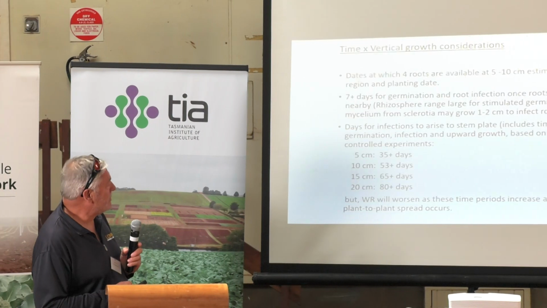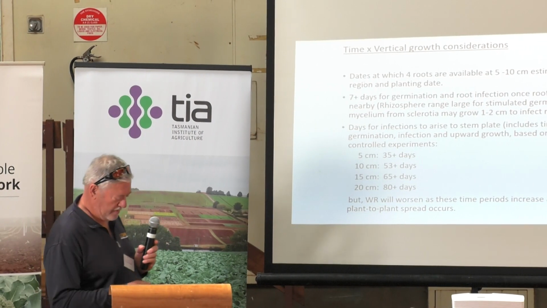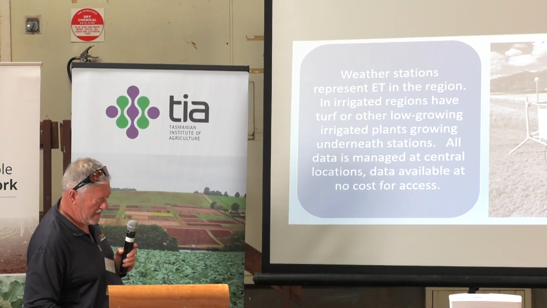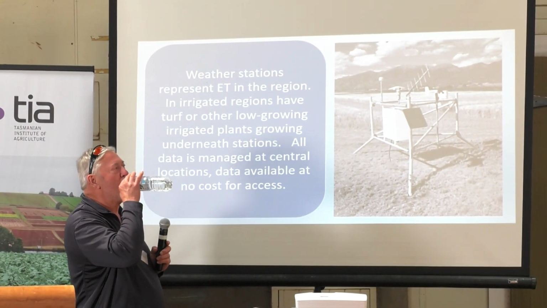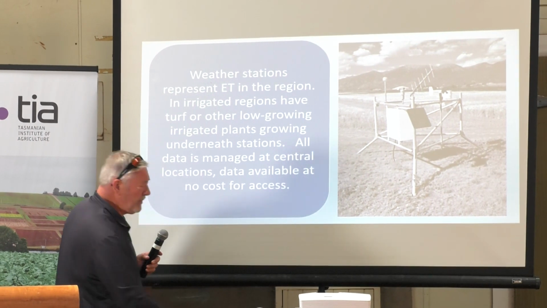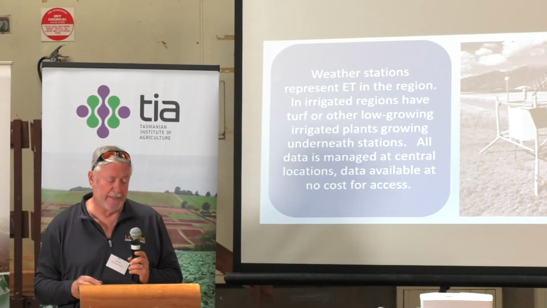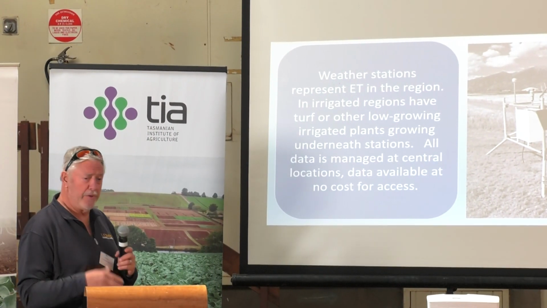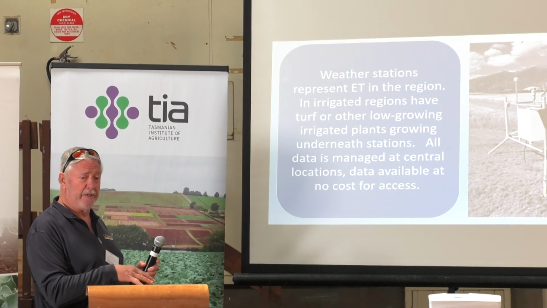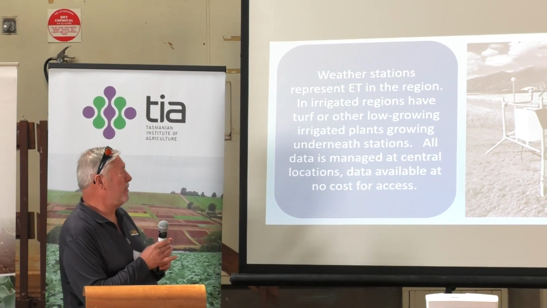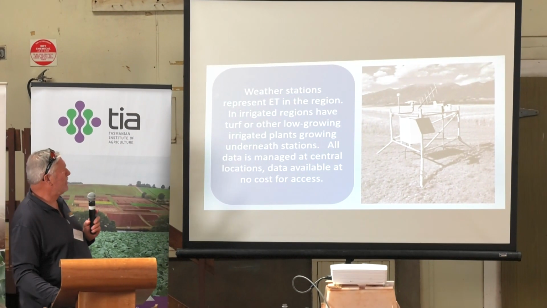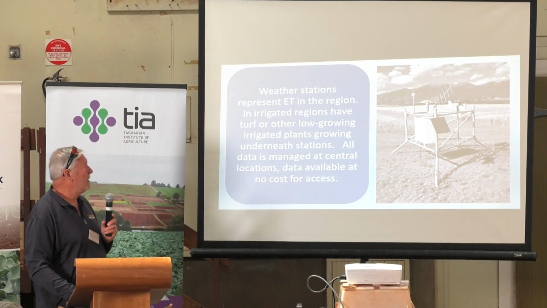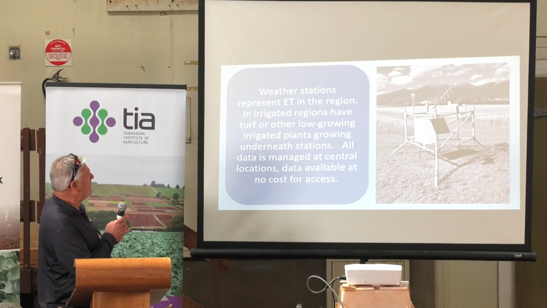That's just the same picture I showed before. Oops, am I going backwards? Okay. And so what I've done is gone into regions that have good soil temperature data. You can either use data loggers in individual fields, or you can use these regional weather stations, which we have all over the western US to enhance irrigation management, evapotranspiration data.